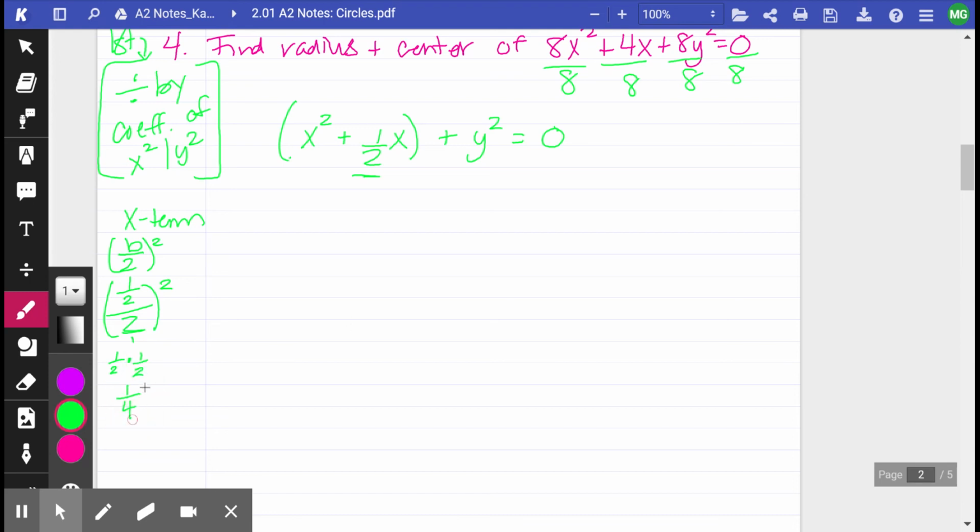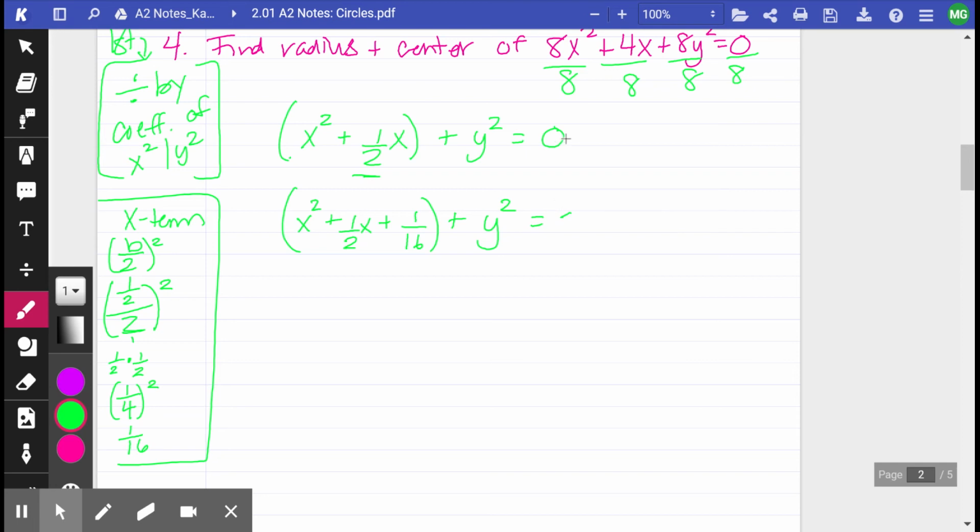So that gives us 1/4, multiply straight across the top, straight across the bottom, square it, and we get 1 over 16. So now I'm going to take x squared plus 1/2 x plus 1 over 16 plus y squared equals, and on my 0 side, I'm also going to add, keep the 0 just to show you, add the 1 over 16 to that side as well.